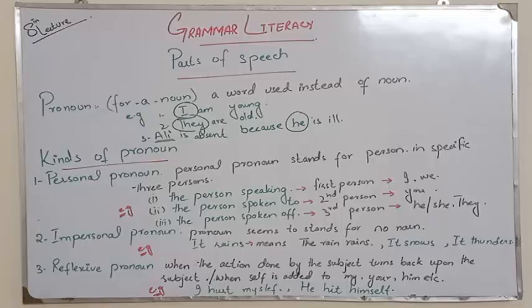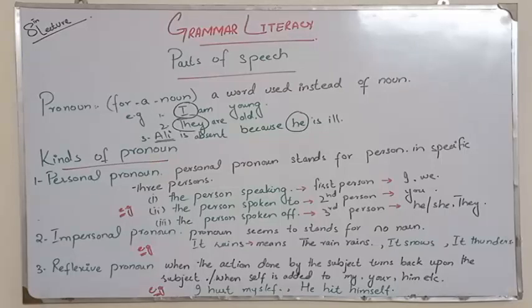Another possible definition is when self is added to my, your, and him. But in all cases, the action of the subject turns back towards the subject. It could be "he hit himself."